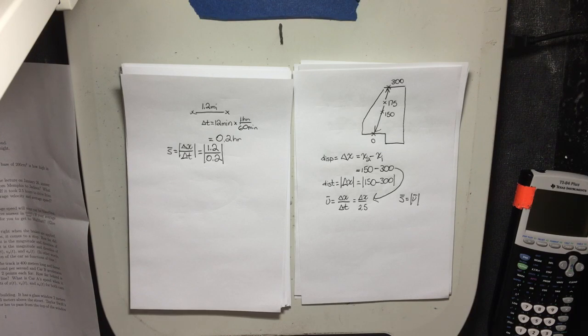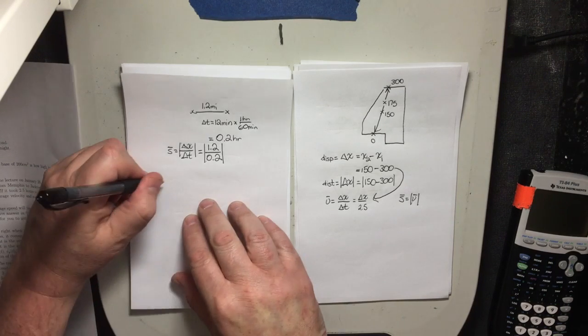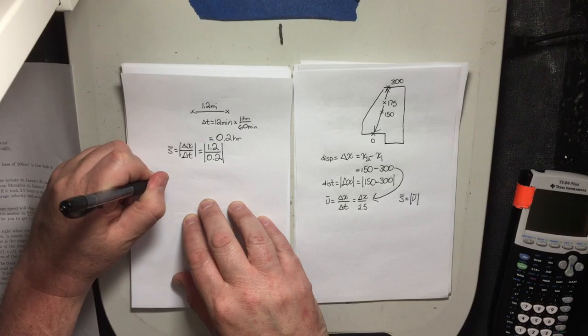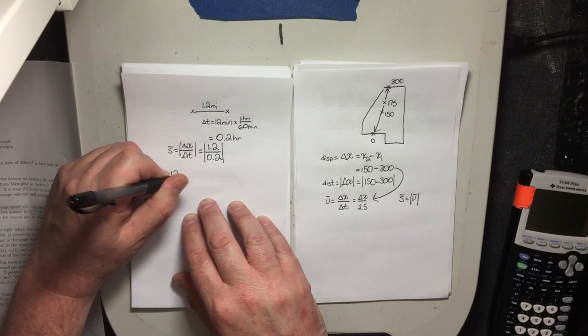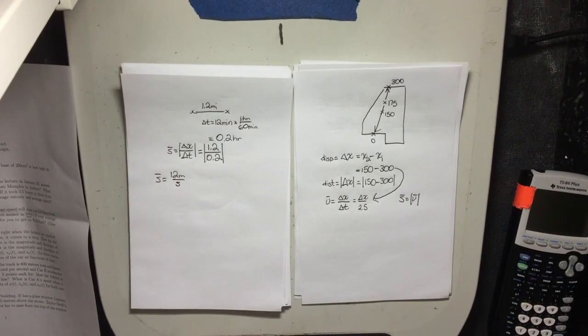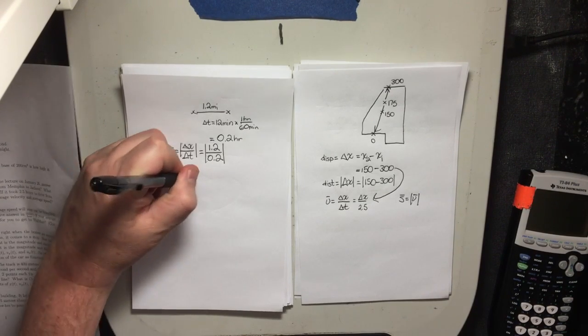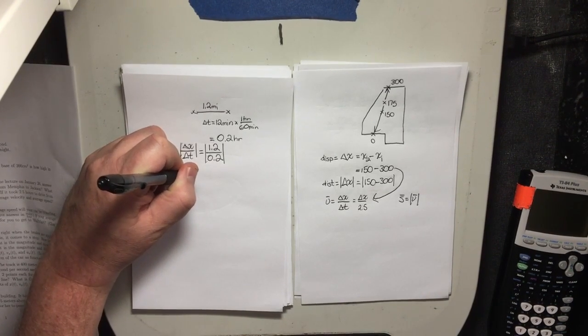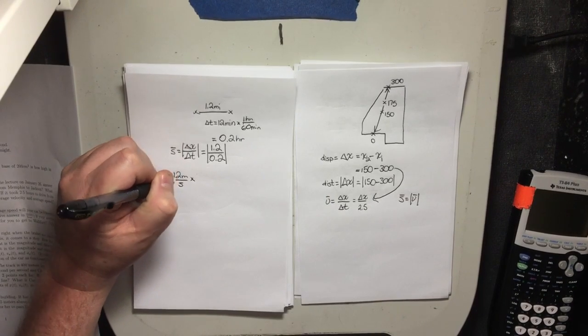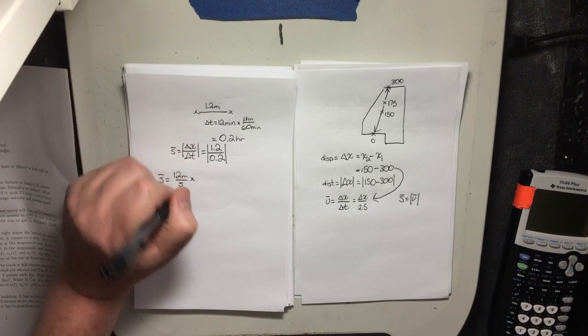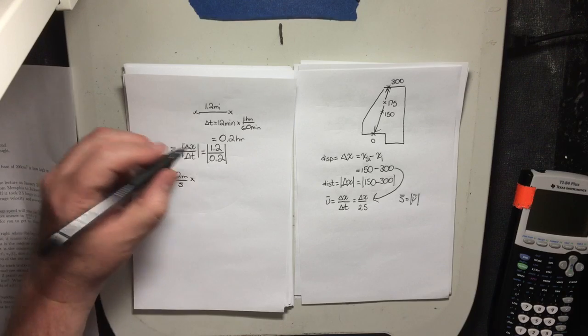That's the first problem. Second part of the problem: if your average speed was 12 meters per second, how long would it take for you to get to Walmart? Give the answer in minutes. So what we want to do first is change our speed from meters per second to miles per minute.